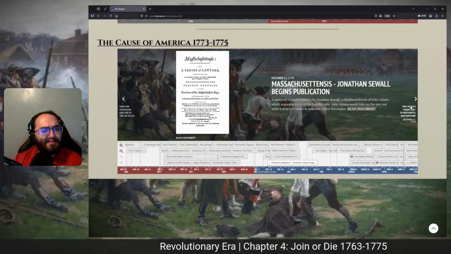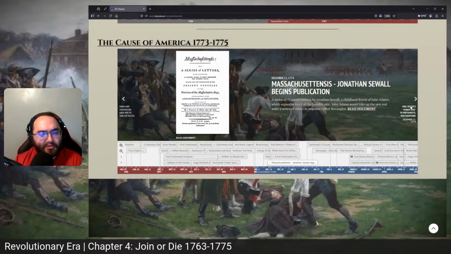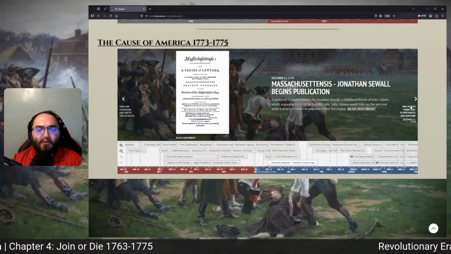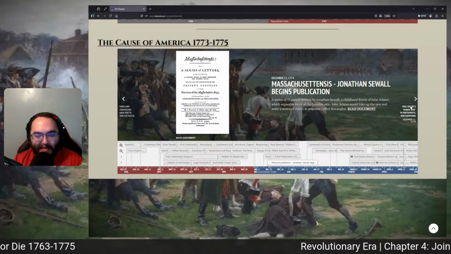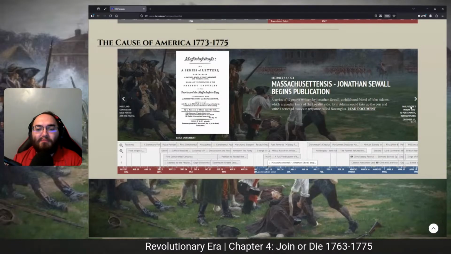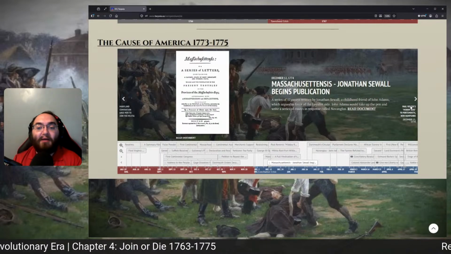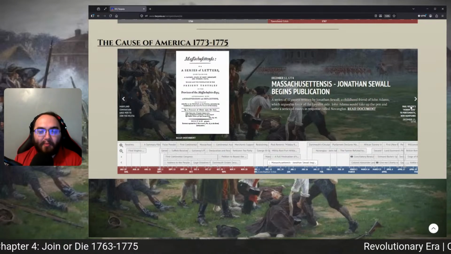An interesting debate happens via public letters published in newspapers, called the Massachusettensis by Jonathan Sewall, which begins publication.